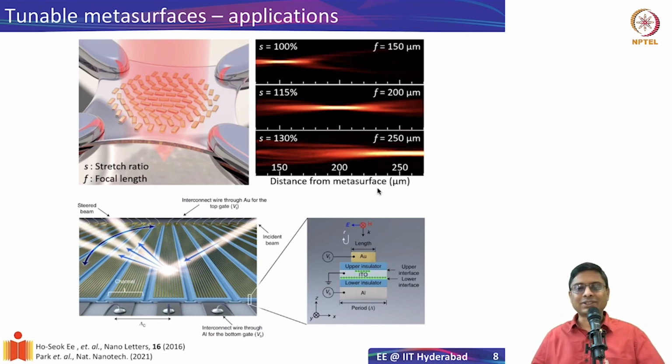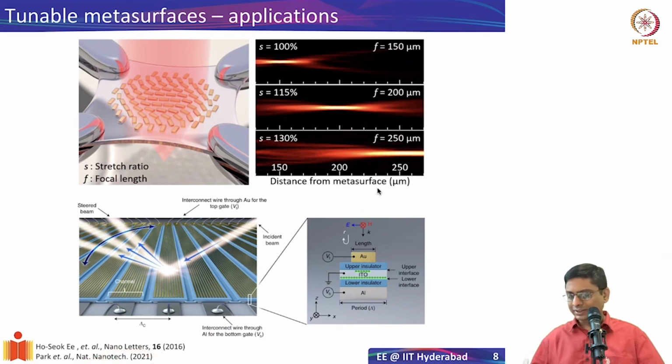You can introduce carriers into that by electrical voltage, and then you can create these charges, and the charges will cause the response of this grating to change. And so people are looking at these things for what are known as spatial light modulators. So can we make a compact spatial light modulator that can have a lot of applications in things like LiDAR and so on. I think this is a work from Samsung.